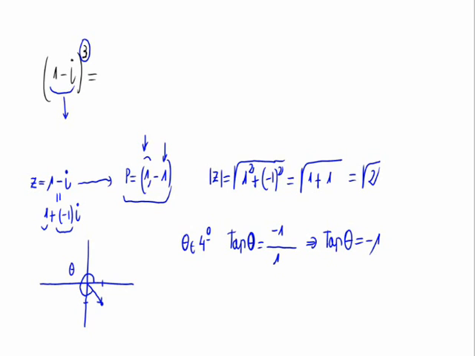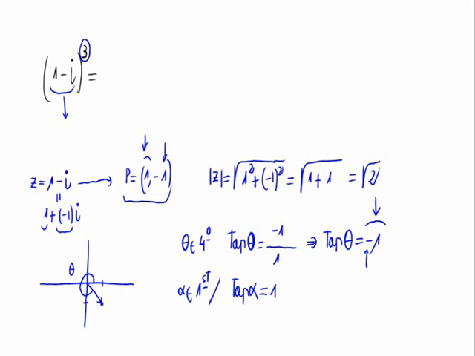Now let's look for an angle alpha that is from the first quadrant. So the tangent of alpha has to be equal to the tangent of theta, but changing the sign, always positive. So the tangent of alpha is equal to 1.